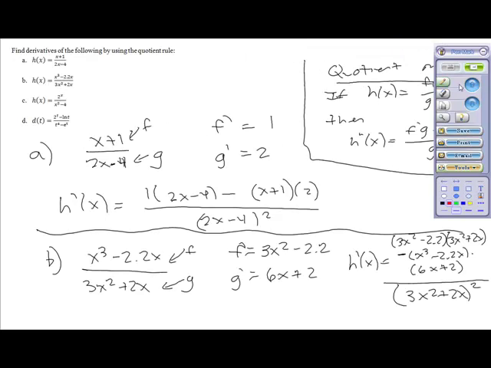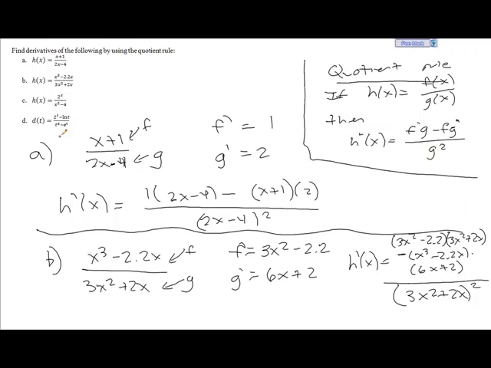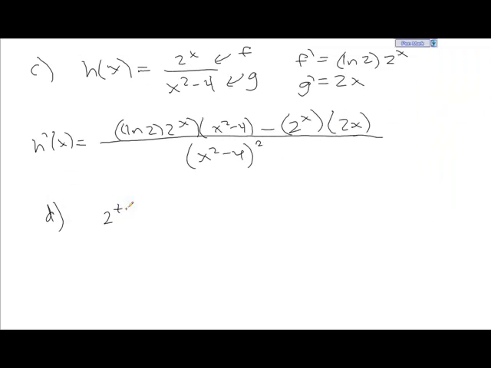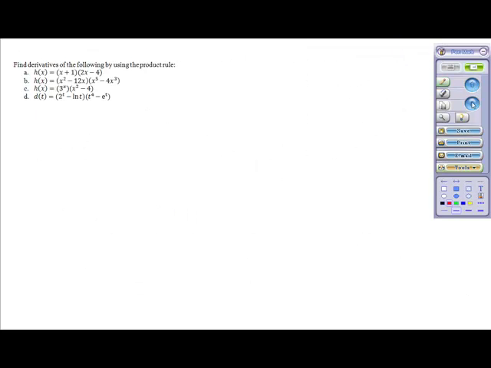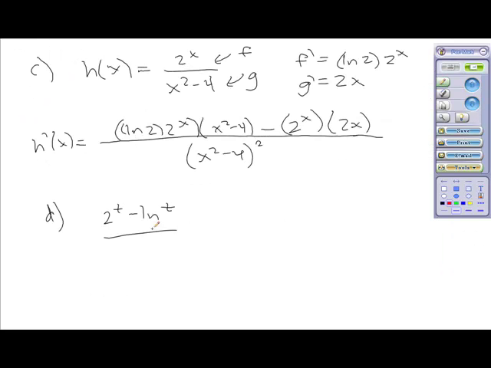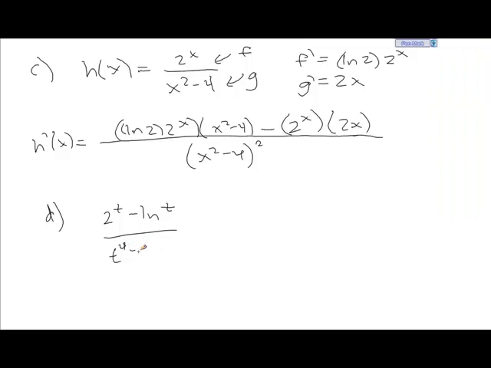So next we have 2 to the t minus ln t over t to the fourth minus e to the t, which actually from the previous question is very similar, except that it's in quotient form instead of product form. So there's our f, there's our g, and for f prime we've got to use the exponential and logarithmic derivative rules.